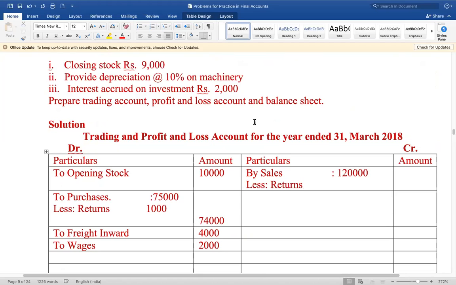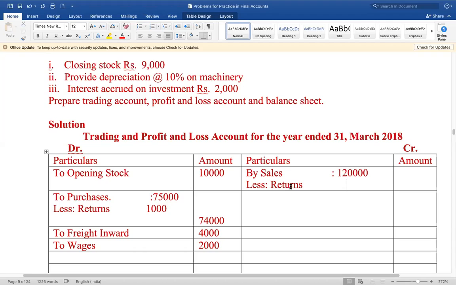You may ask me, sir, why you are not writing sales returns? You can write, because it is written under sales, so it must be sales returns only. Therefore I am writing simply returns. I cannot write purchase returns here under sales. If you prefer to write returns inward, you're welcome to; that's not wrong, and this is also not wrong.